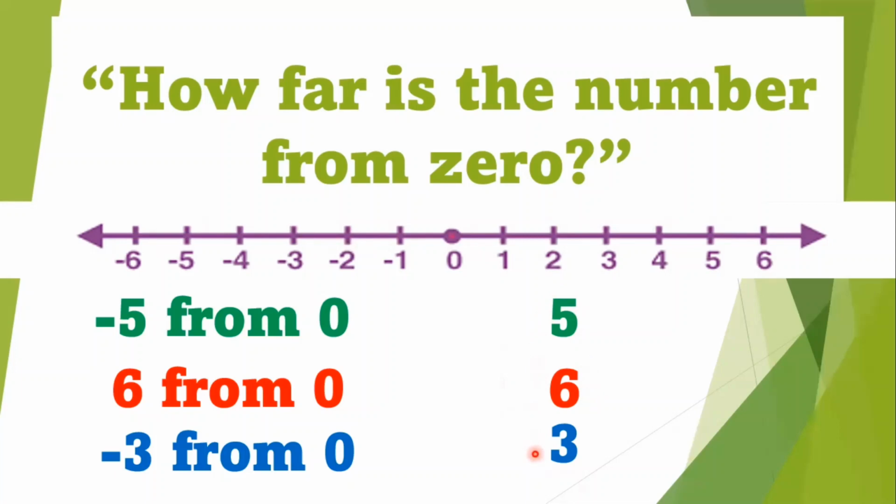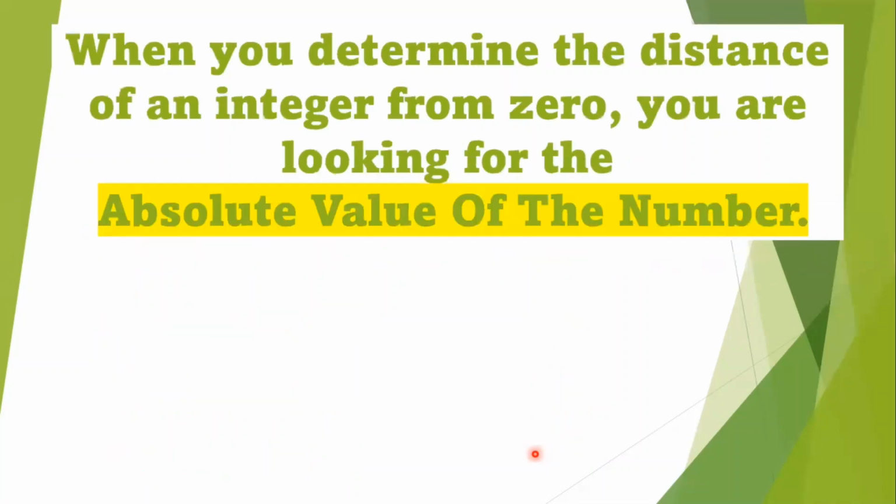Okay? Next, when you determine the distance of an integer from 0, you are looking for the absolute value of the number. Kaya natin diniscuss yung distance of an integer from 0 dahil nagpapakita na yun ng ating absolute value of the number. Kapag marunong ka mag-determine ng distance ng ating integer from 0, then you already know how to find the absolute value of the number.